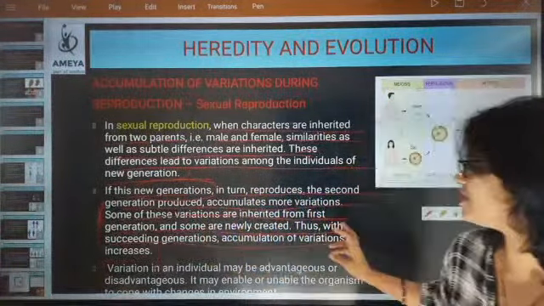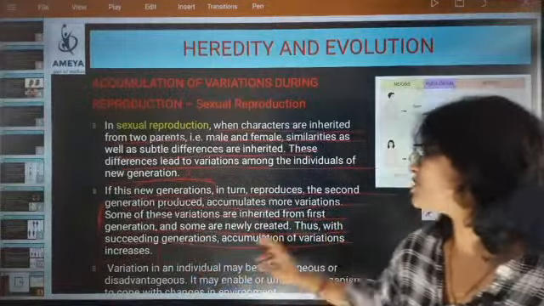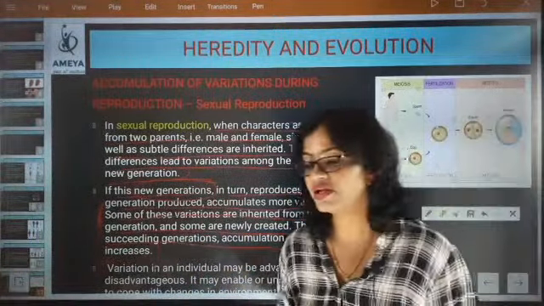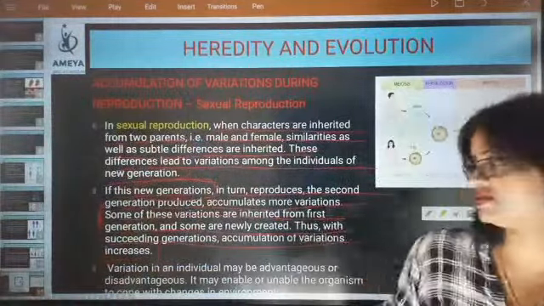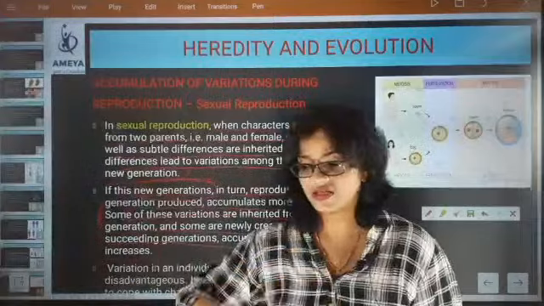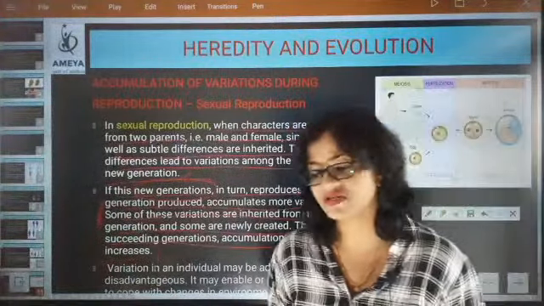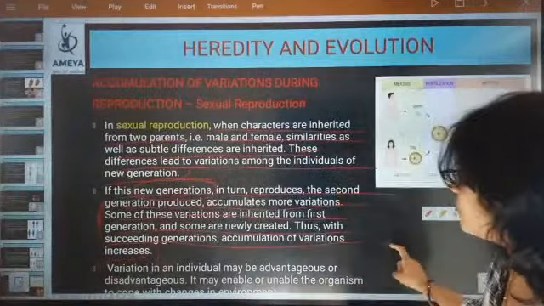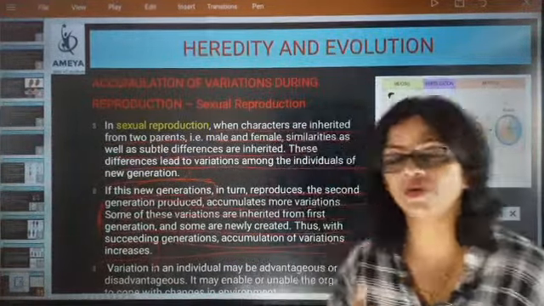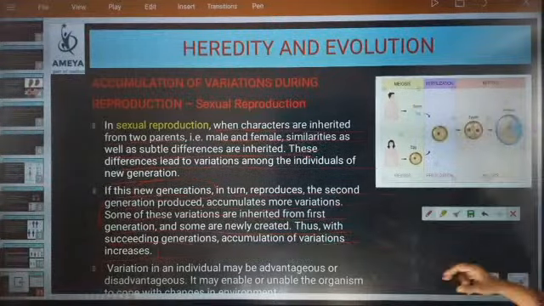Some of these variations are inherited from the first generation and some are newly created. Newly created means the second generation had some effect, and now it will pass on to the third generation, and like this it will keep on through successive generations. It will keep on transferring from one generation to another. This is the most important point about reproduction.